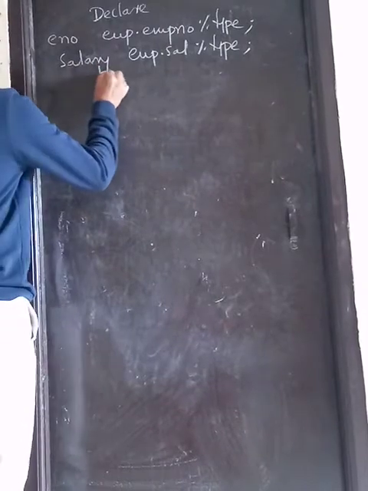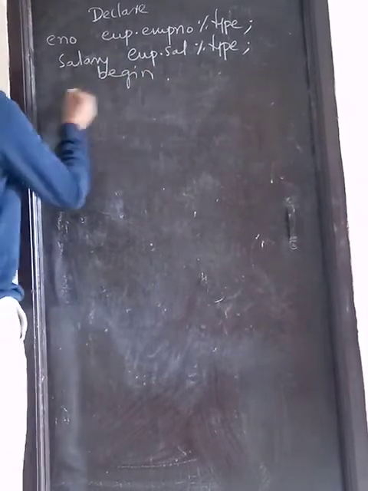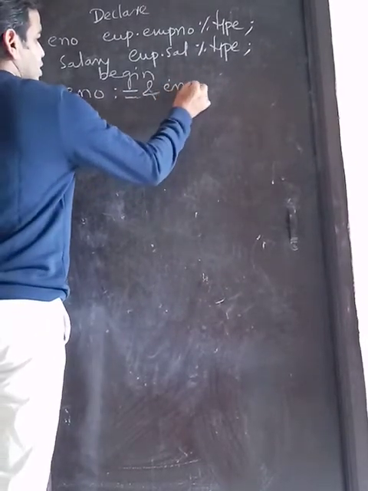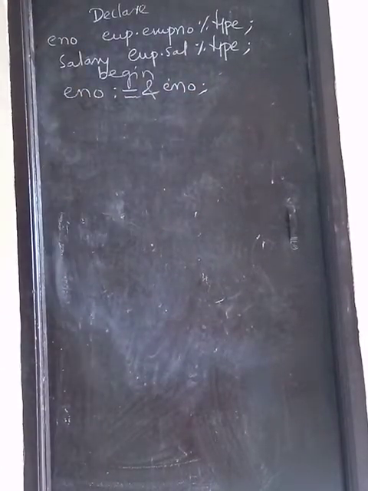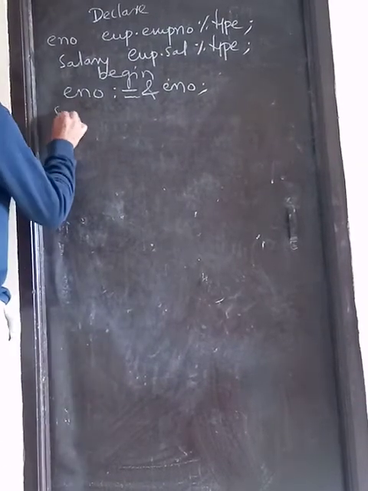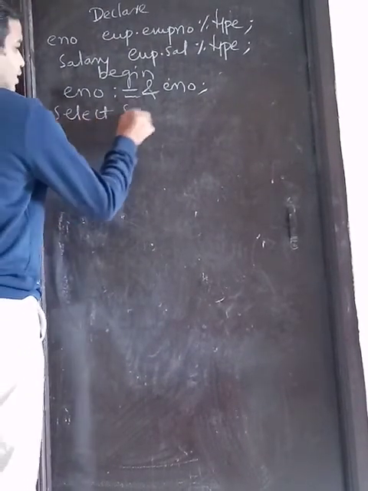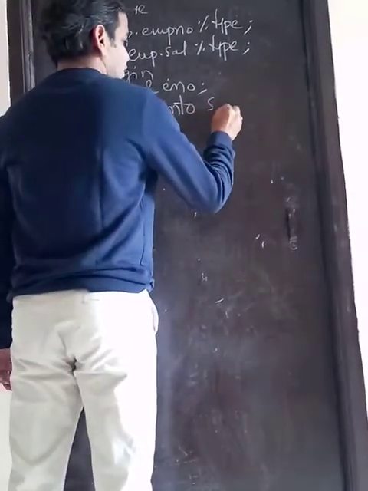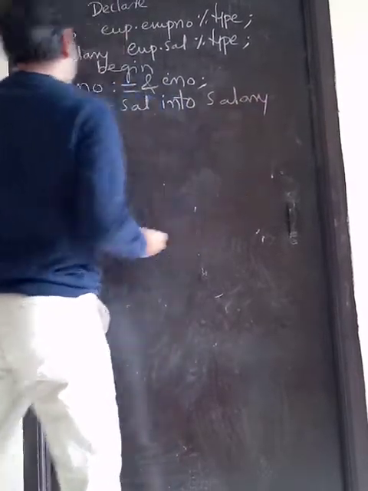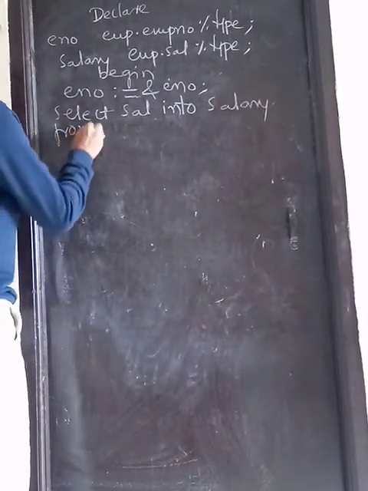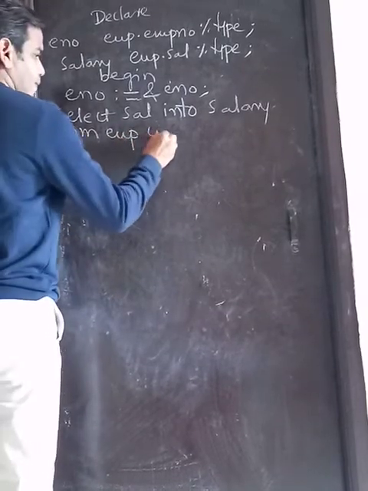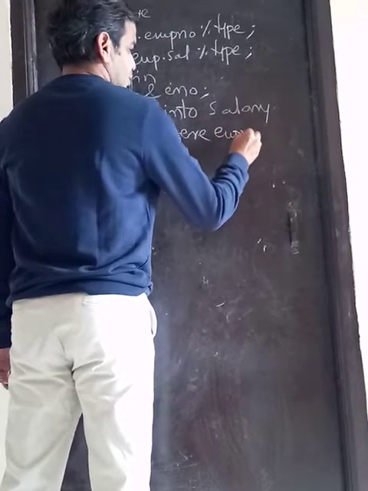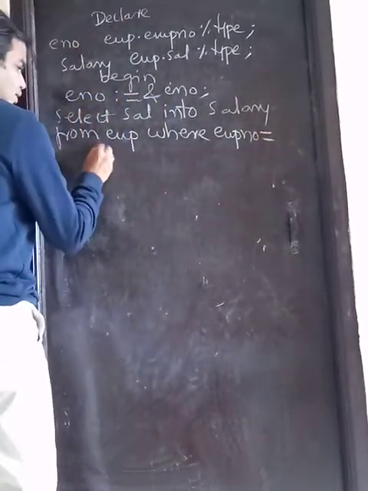Then BEGIN. At runtime we are entering the employee number, so it will ask you to enter the employee number. Then select salary into salary column from EMP where employee number is equal to E number.